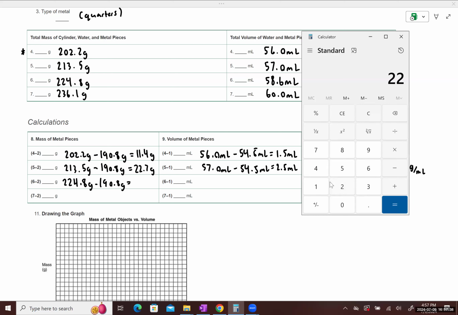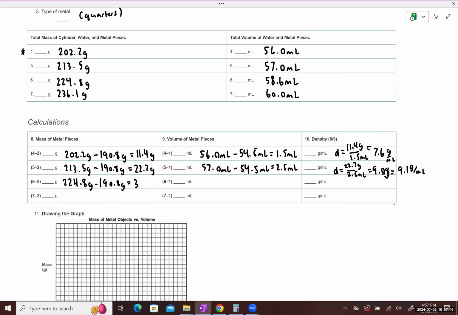So we have 224.8 minus 190.8, and that gives us a mass of 34.0 grams. For the volume, we have 58.6 milliliters minus 54.5 milliliters.